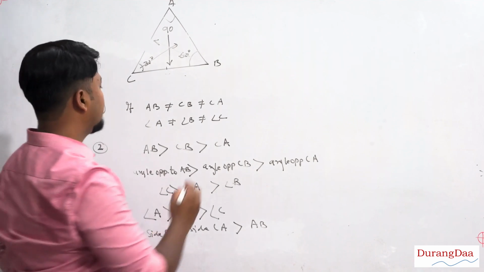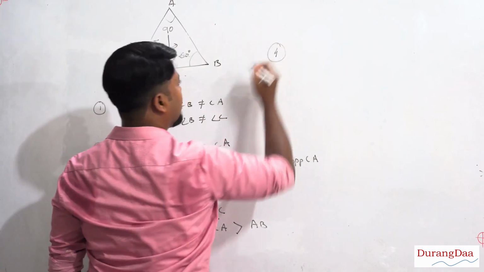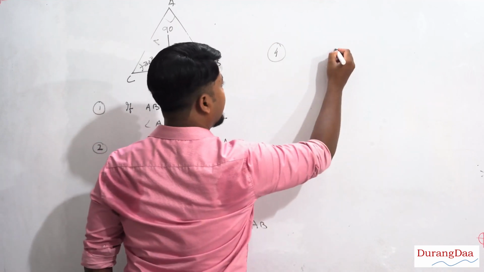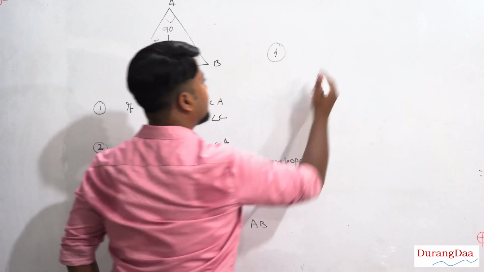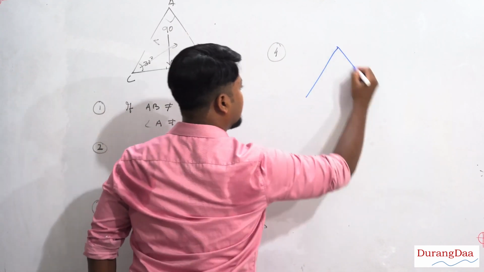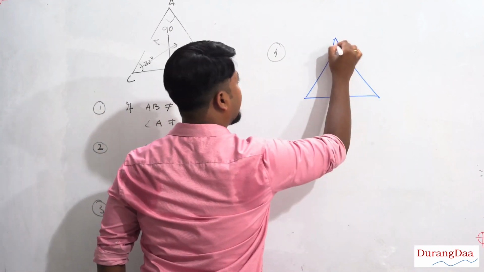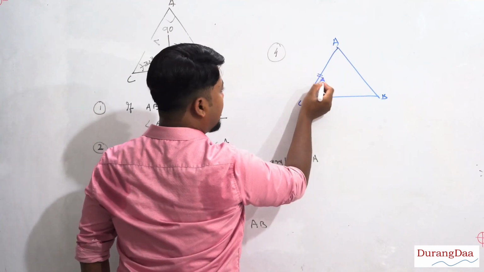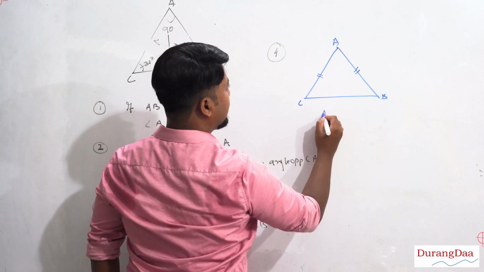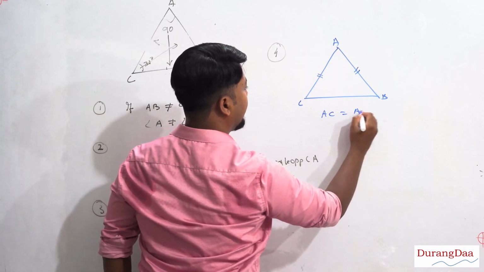A fourth point you have to keep in mind. I'll have to draw a new figure here. This is one triangle, triangle ABC again, and suppose this side is equal to this side, that means AC is equal to AB.